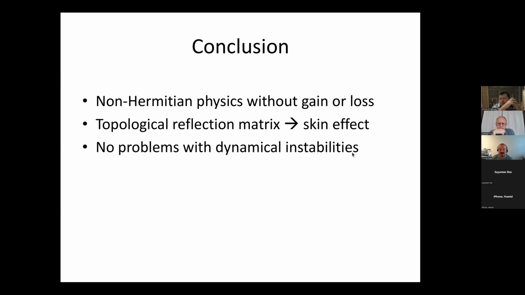This is something that I didn't mention before, but if an eigenvalue of a Hamiltonian has a negative imaginary part, this means that it will decay in time. And this means you have to measure it fast because it's going to go away and disappear. If an eigenvalue of a Hamiltonian has a positive imaginary part, this means somehow this wave gets amplified.